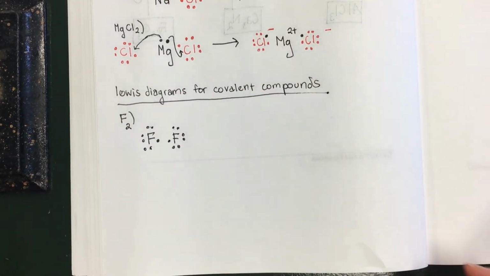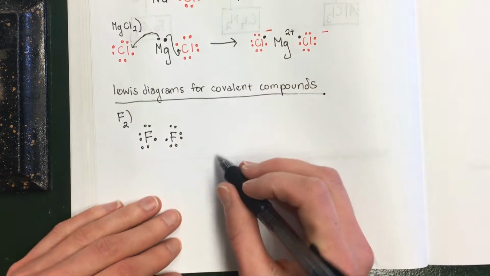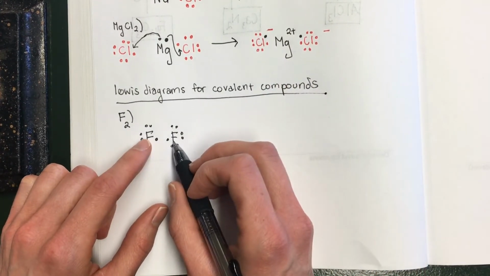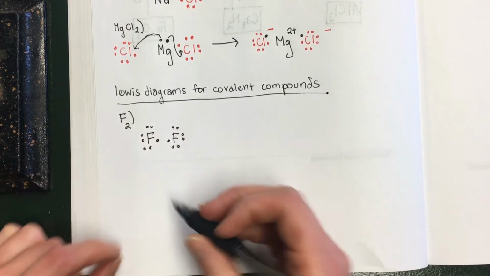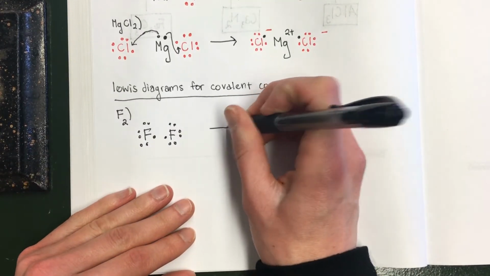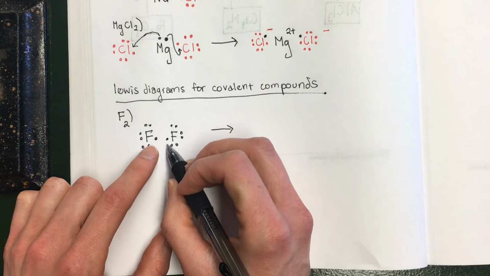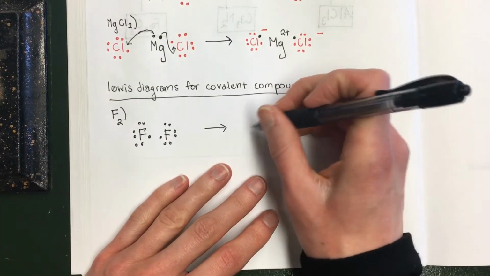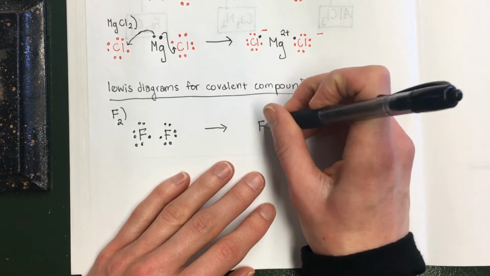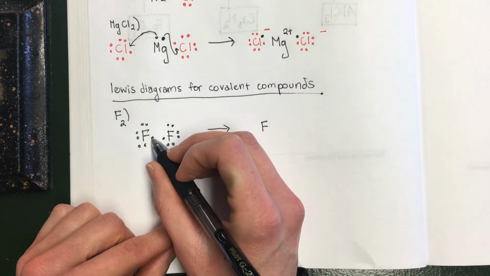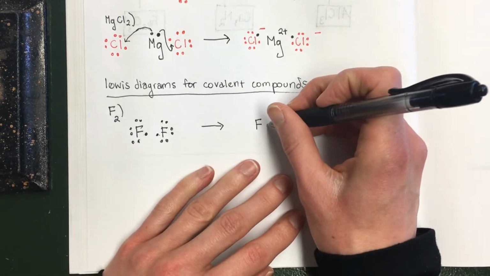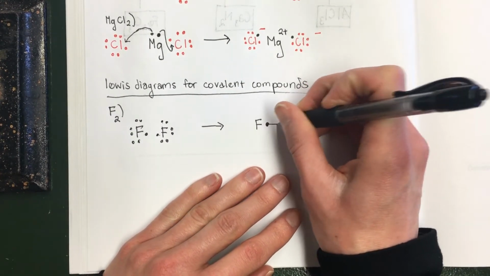Okay, so what happens when we have covalent compounds is that neither of these atoms wants to give up their electrons. Instead, they decide that they're going to share in order to get an octet. So if they share, we're going to actually connect these 2 electrons with a line because they're going to share those electrons.